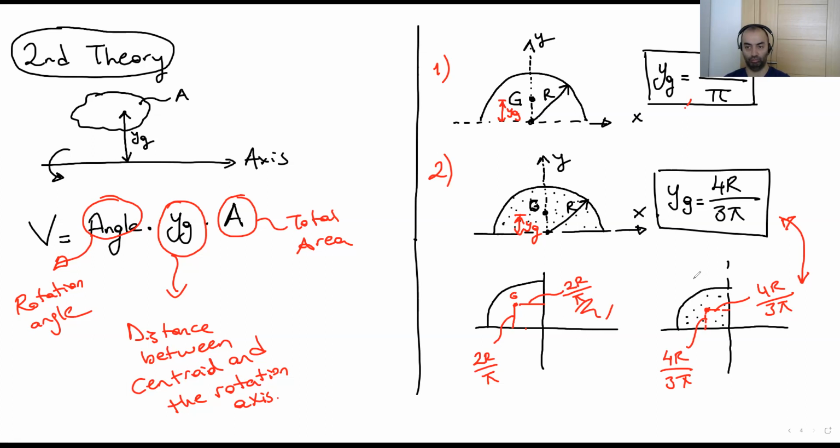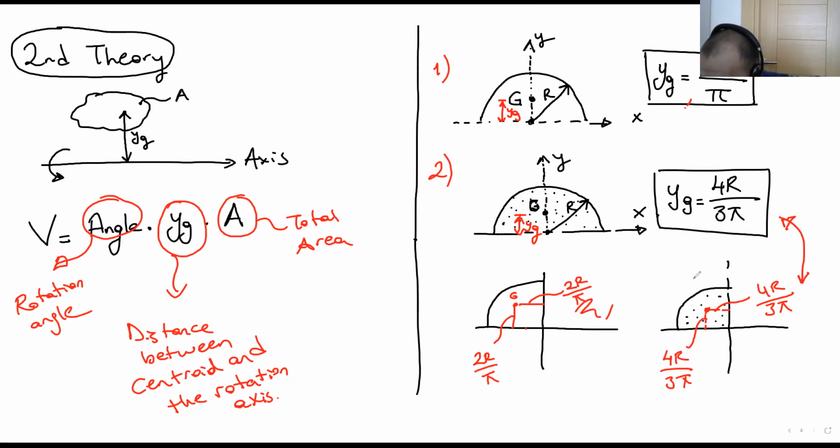You have to know these equations because in our examples we are going to see half circles and 1/4 circles, wires or areas, so you have to know these distances.